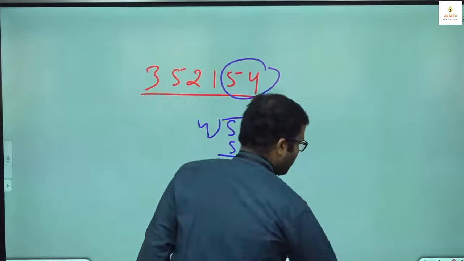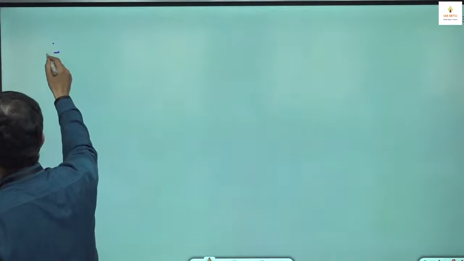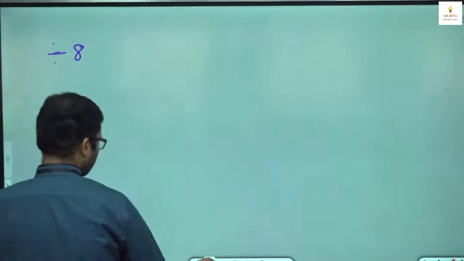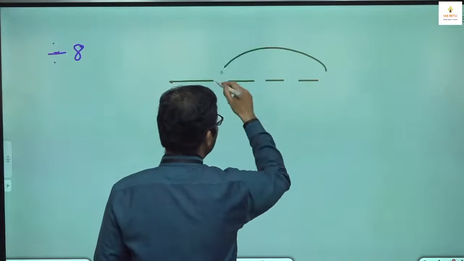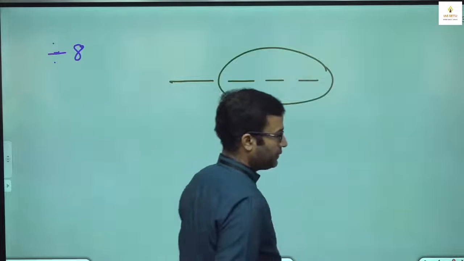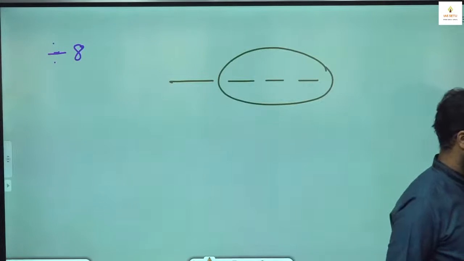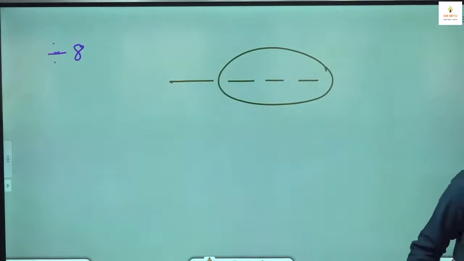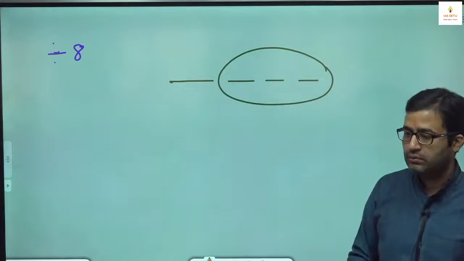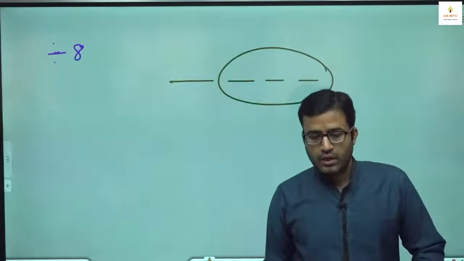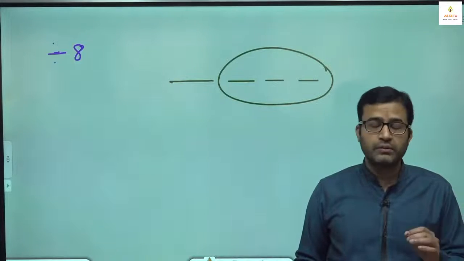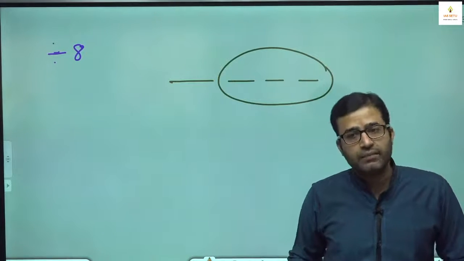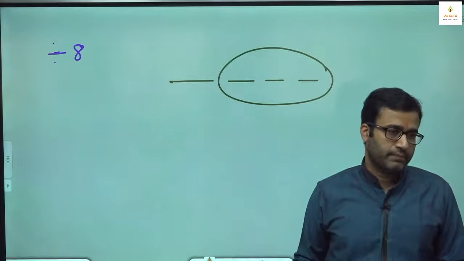Next comes divisibility of 8. The concept for divisibility of 8 is the last 3 digits. If the last 3 digits are divisible by 8, it means the complete number is divisible by 8.